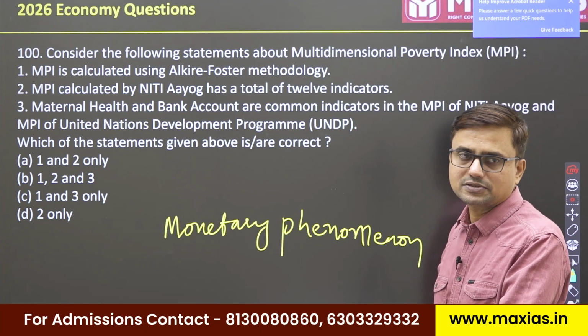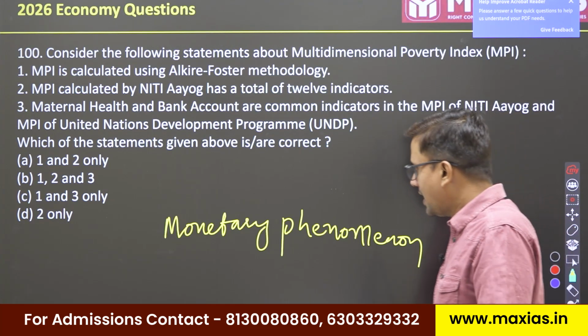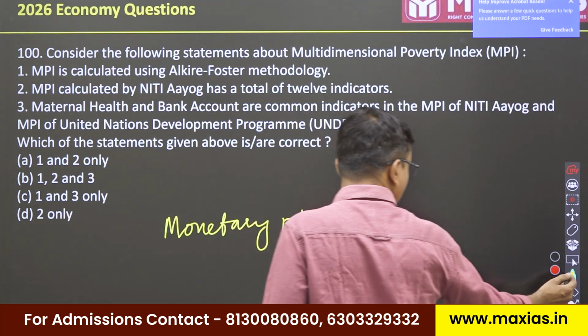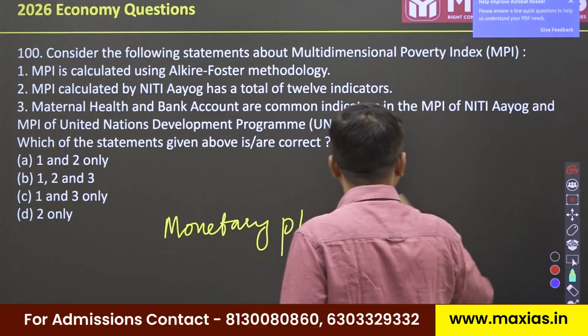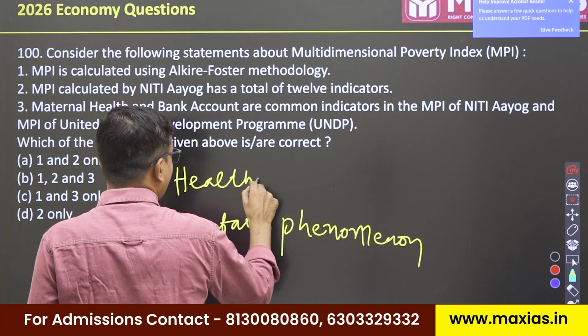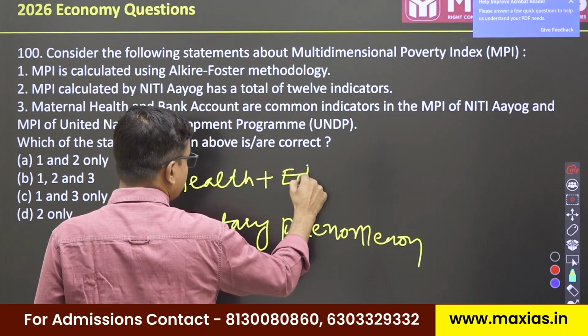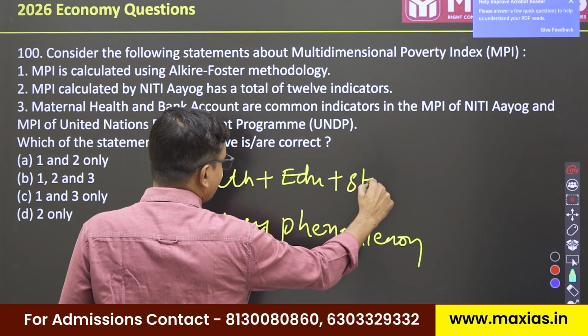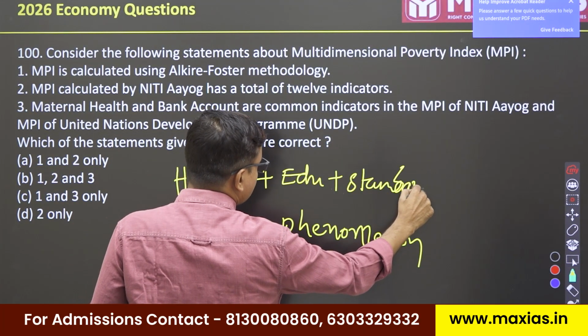According to this multi-dimensional poverty index, three parameters are taken: health, education, and standard of living.